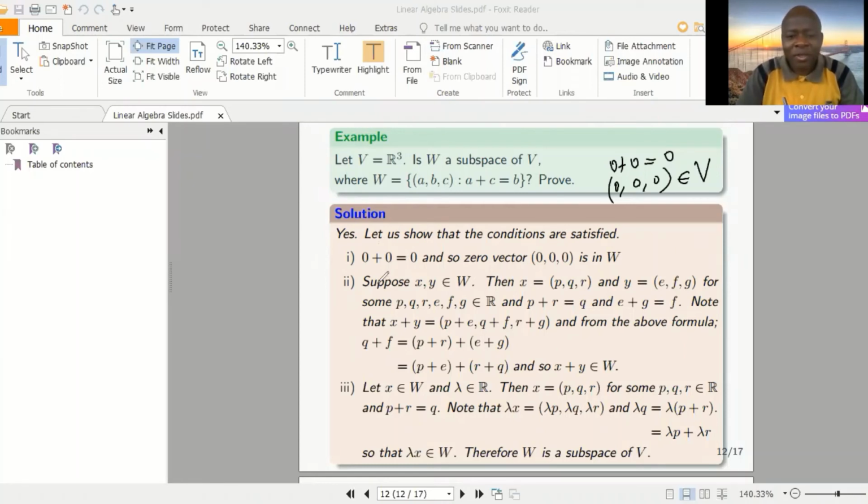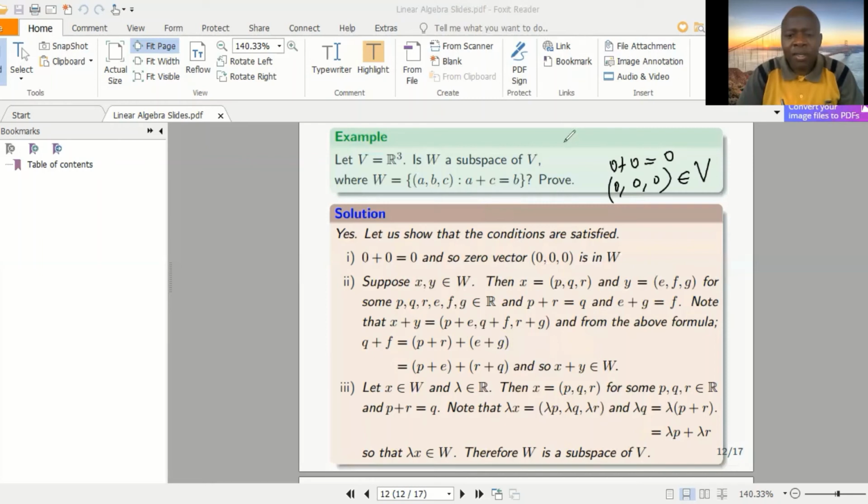Now we proceed to show that it's closed under addition. And remember the condition here. So we pick two arbitrary vectors from W. Of course, we are not using specific examples. And show that their sum would fulfill this condition: the first element plus the third element gives the second element.